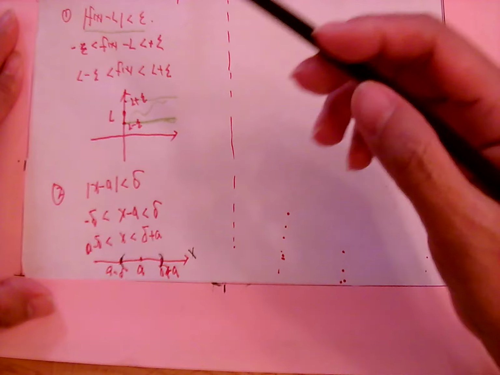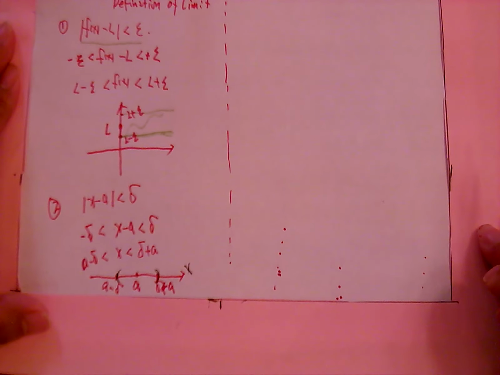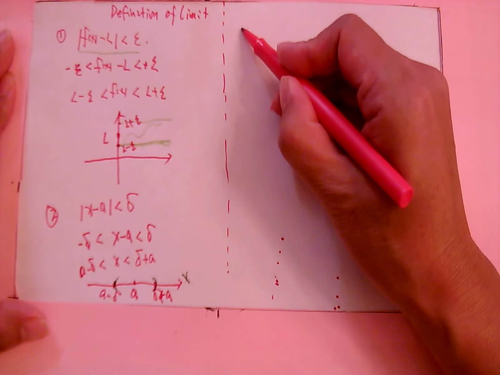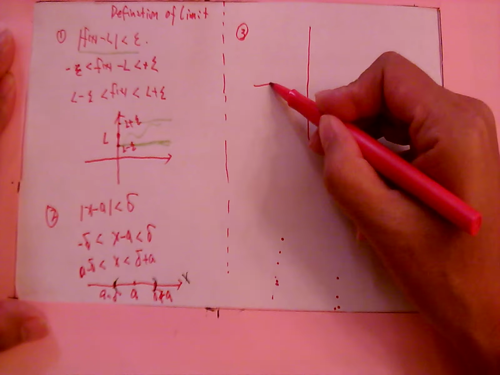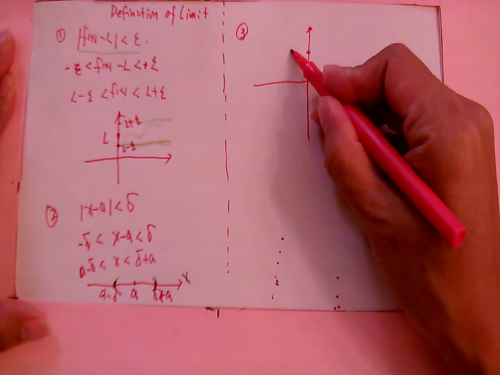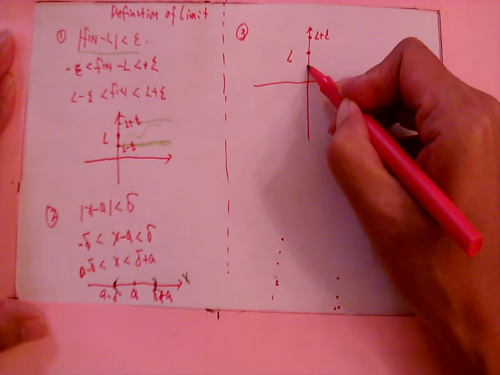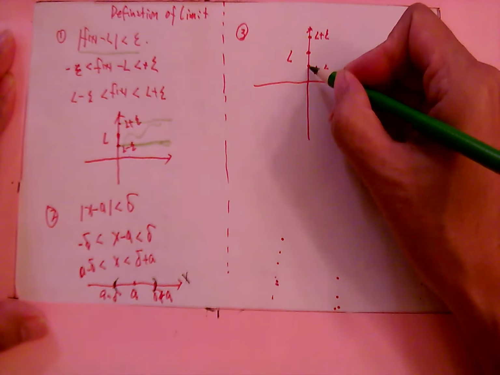Now we combine 1 and 2 together. So we draw one graph. First you have L, then you have L plus epsilon and L minus epsilon. Then you have the two green bars here.